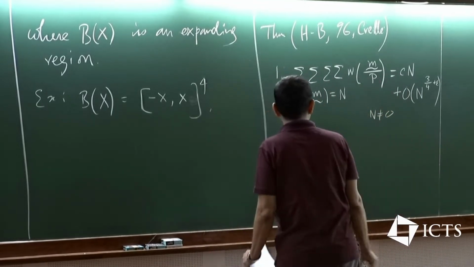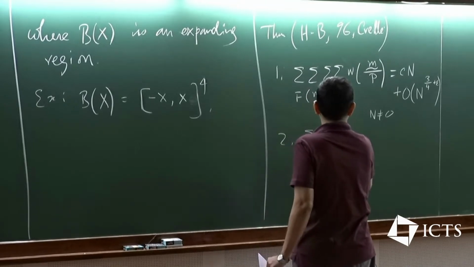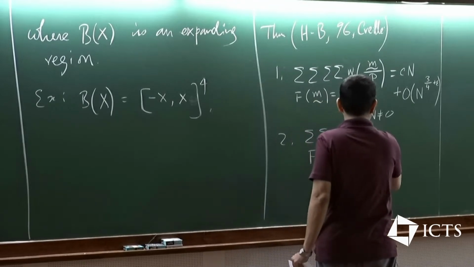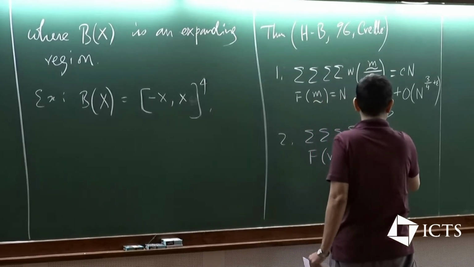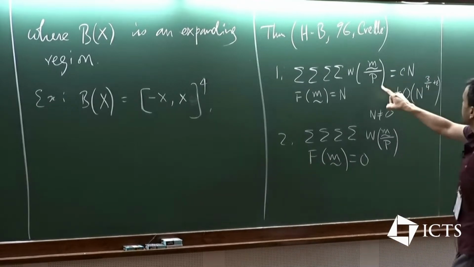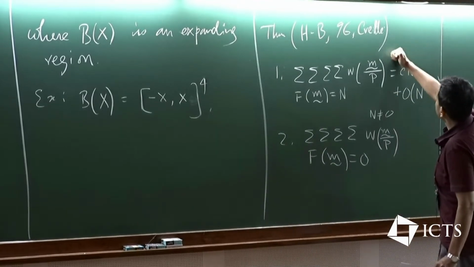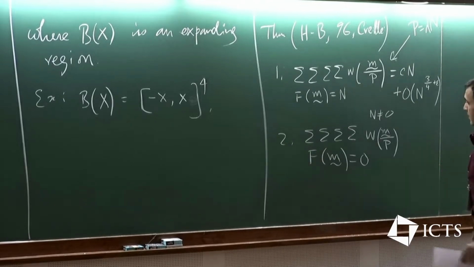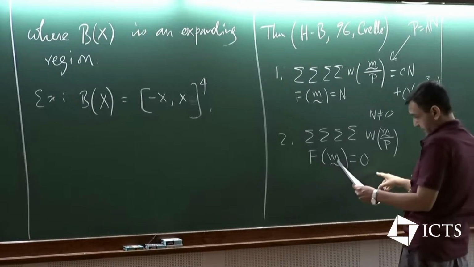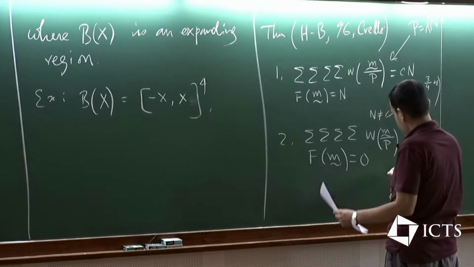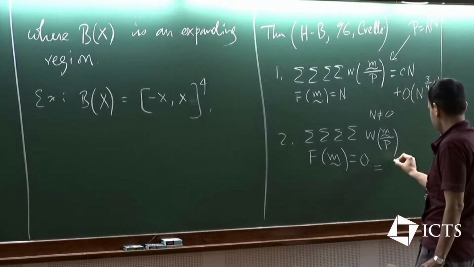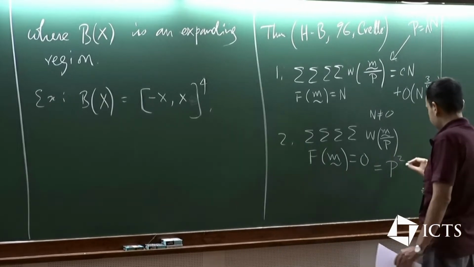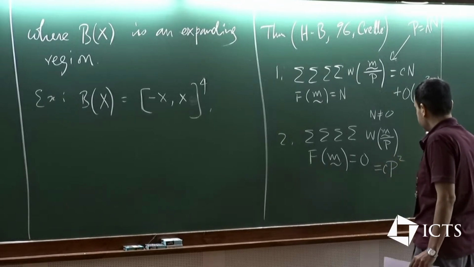And in case 2, f of m equal to 0, w of m by p. I should say that here I take p equal to square root n. This sum becomes the main term of size p squared, but there may be some log p also, but let me write c p squared.